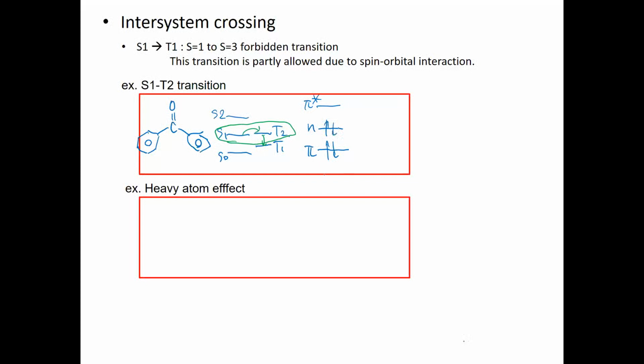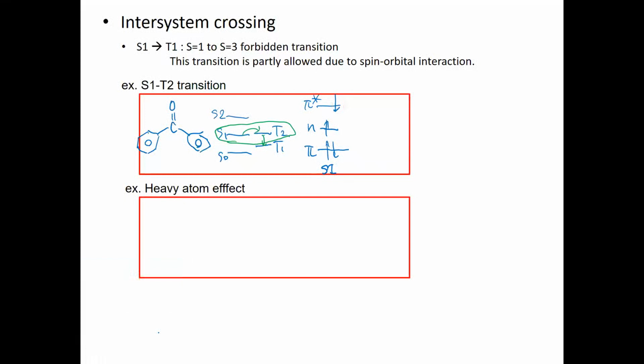However, in the S1 state, one of the electrons goes up like this. So this is the S1 state, right? And I would like to emphasize that these two electron spins are opposite. That's why it's a singlet state.